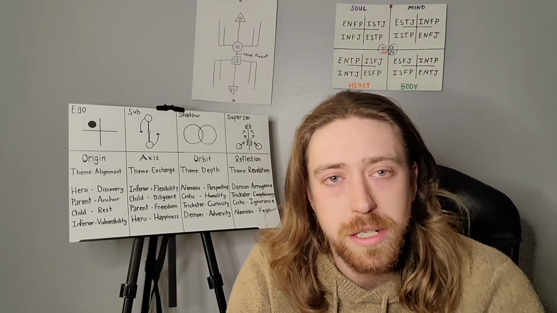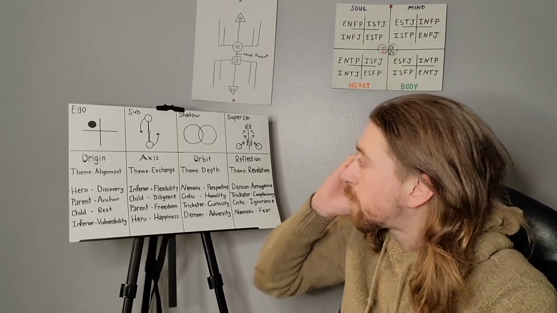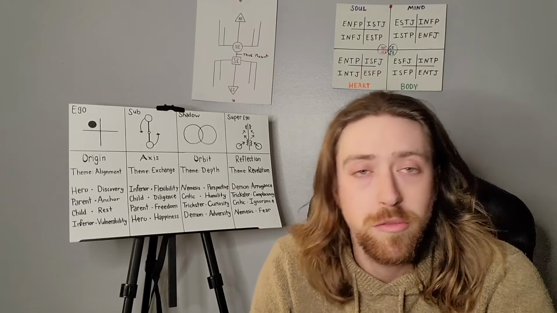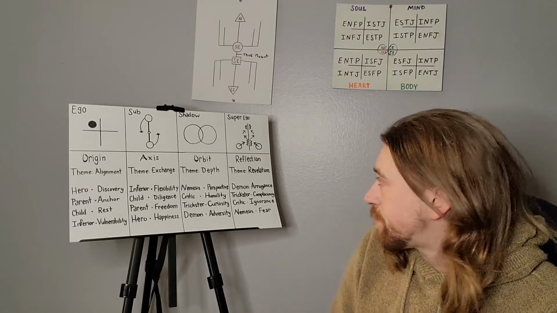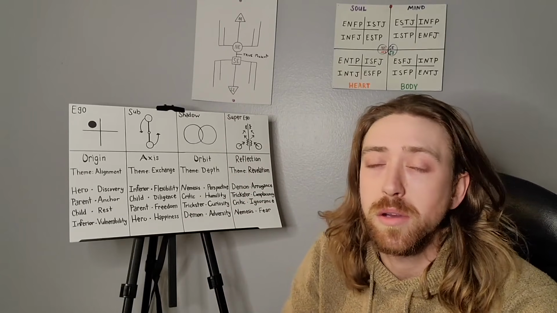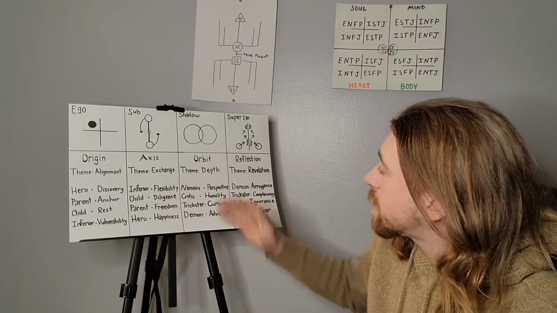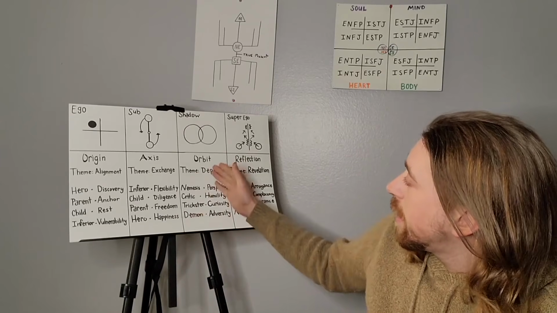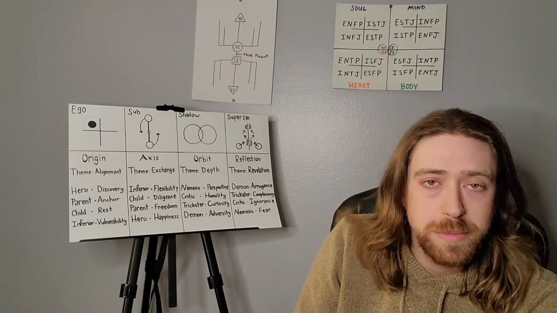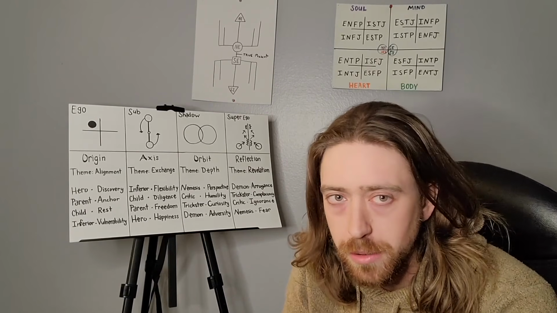It is the other side of the coin. It's represented here by a Venn diagram because it's a bit of an overlap. Now the shadow adds and subtracts from the ego. In a pessimistic form, it is going to subtract from the ego. In an optimistic form, it is going to add to the ego.